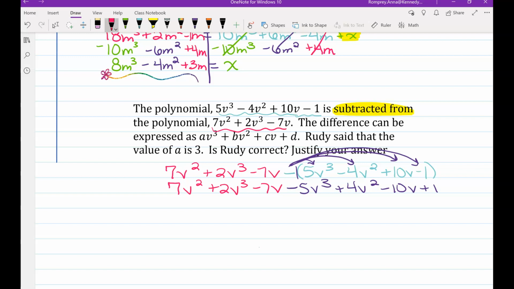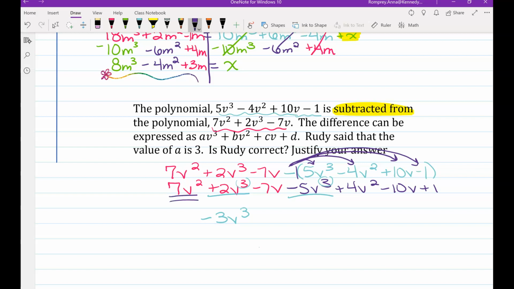So let's go ahead and start. What is the larger term? Well, it's all about the degree. So I think the highest is a 3. Yep, so let's go ahead and combine those. So positive 2v cubed, negative 5v cubed. Add those up, we get a negative 3v cubed. Then let's look at our squared.